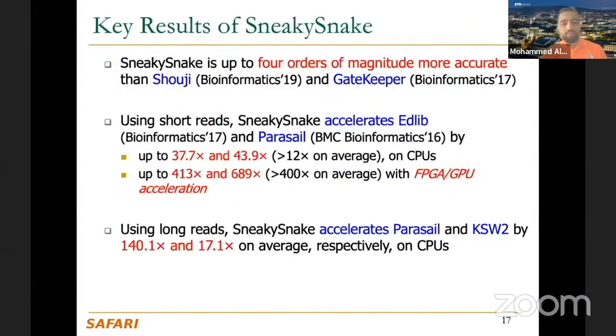Hopefully by that we cover most of the things about SneakySnake. We observe up to 4 orders of magnitude more accuracy than Shouji and GateKeeper. And then we accelerate EDlib, which is one of the best, or the best, performing implementations of Myers' bit vector. They have a lot of configurations for local, glocal, and global alignment.